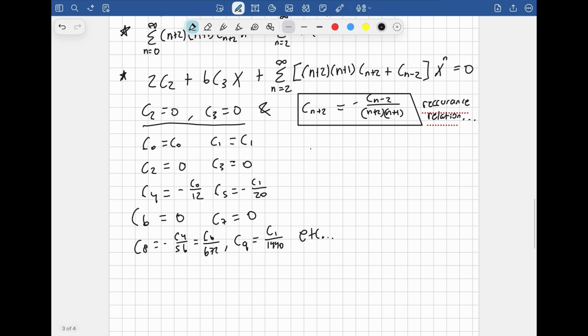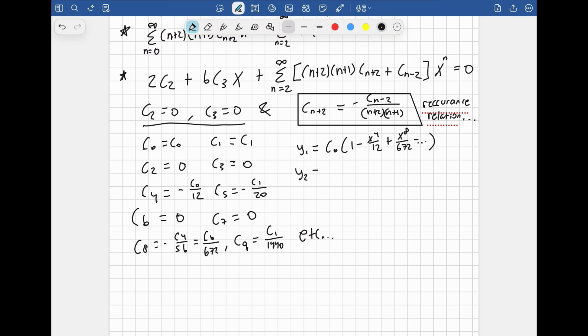Thus, we can form our solutions. Y1 equals C0 times 1 minus x to the 4th over 12, which came from right here, plus x to the 8th over 672 minus and so on.